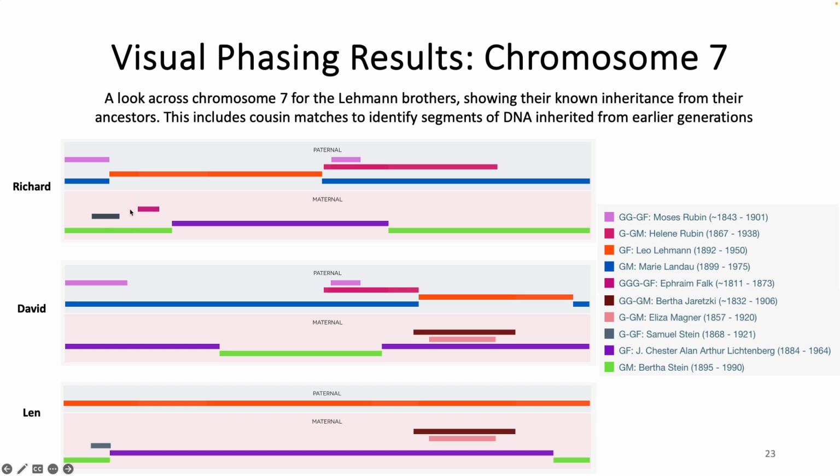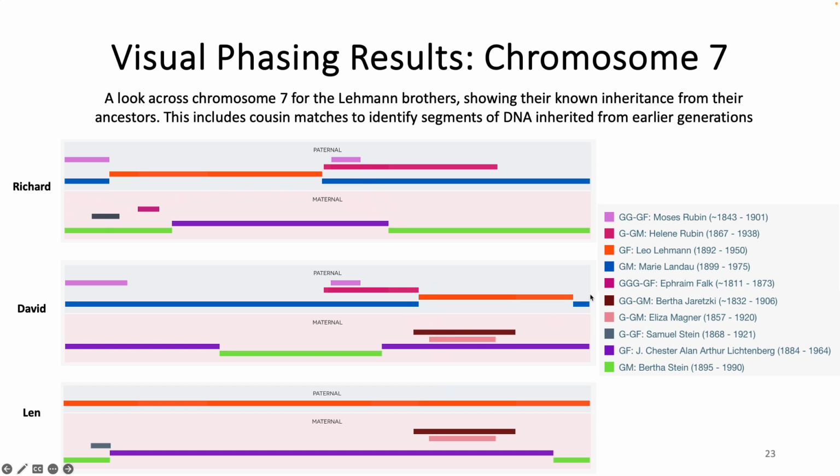And there clearly is a recombination point somewhere around here in between these two that occurred with some of Richard's ancestors. But again, this is a way to visualize across the chromosome where they inherited DNA from specific ancestors.